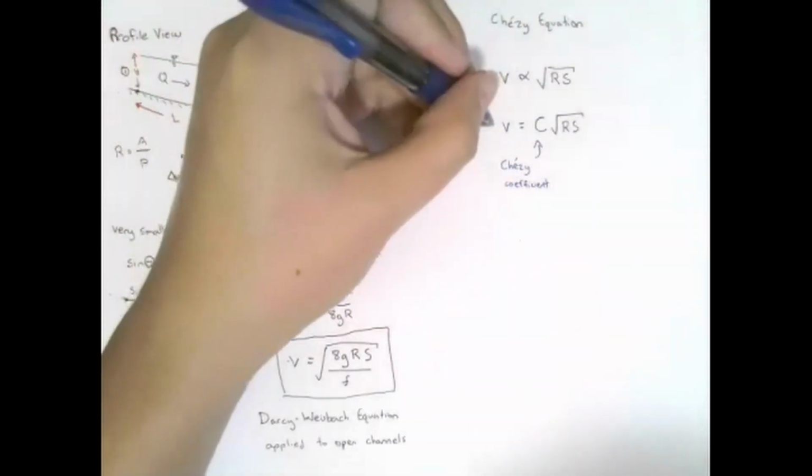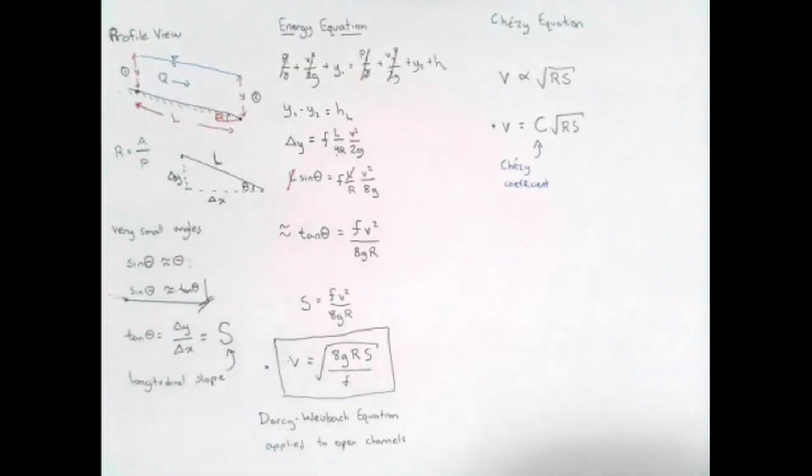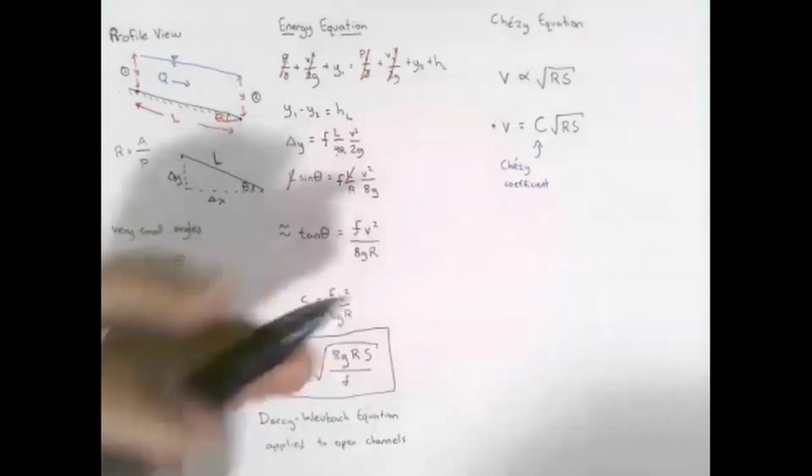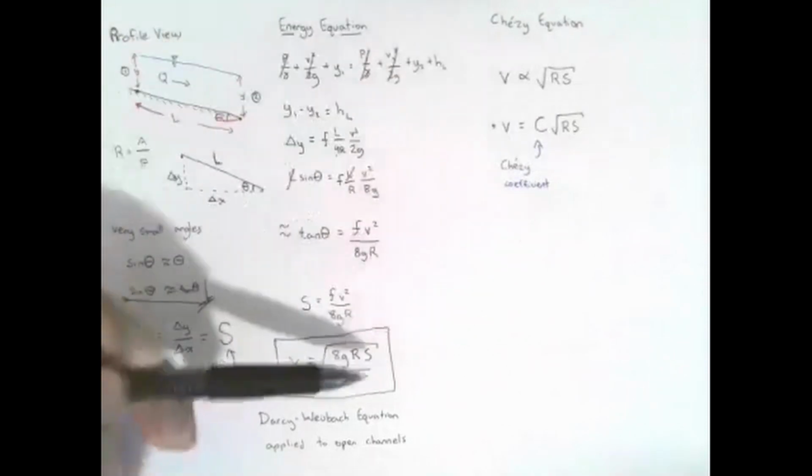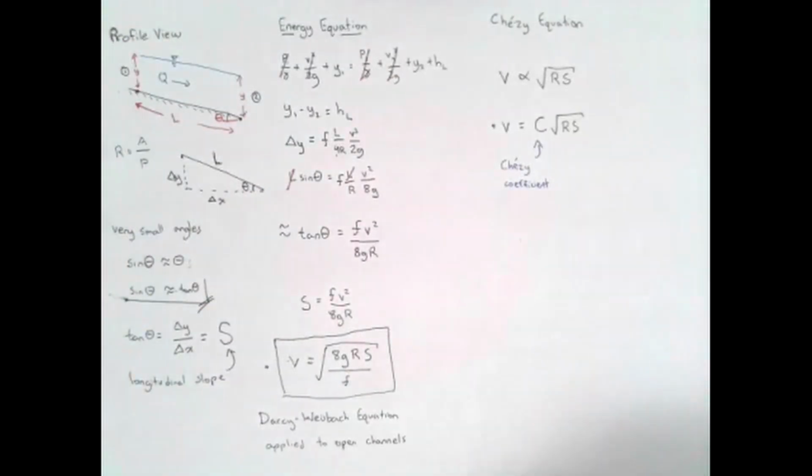And now if you look at the Chezy equation and you look at the Darcy-Weisbach equation, you can see how they are similar. Because if you look at the Darcy-Weisbach equation, you'll see that we can express it in a way similar to the Chezy equation by separating this term from the other terms.